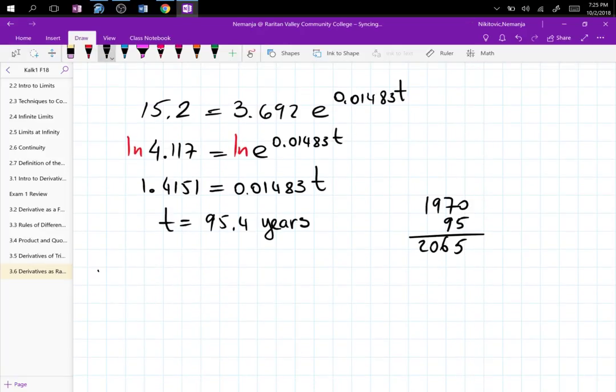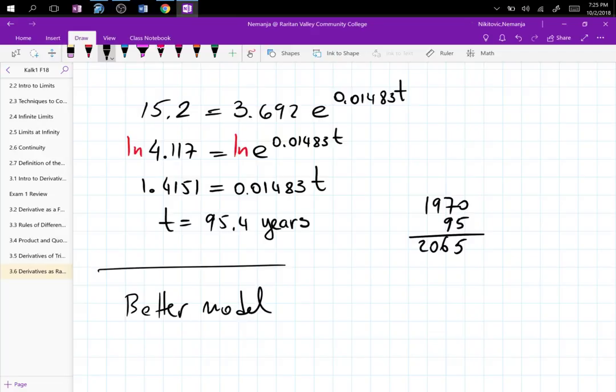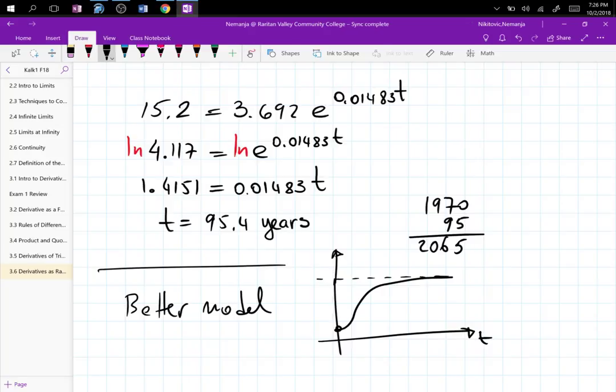So a better model would graph this way, where you have this horizontal asymptote at carrying capacity K. So you have your initial population when you start measuring, that's your t0 time, exponential growth, and then it has to smooth out.